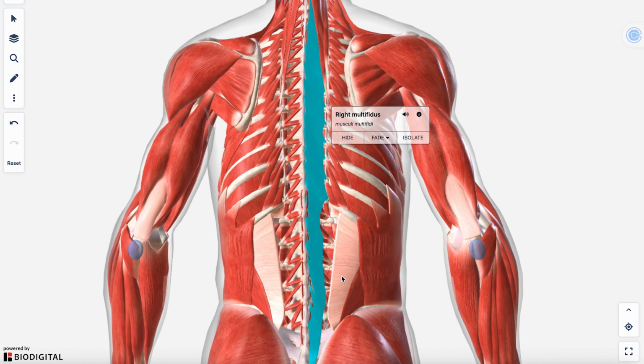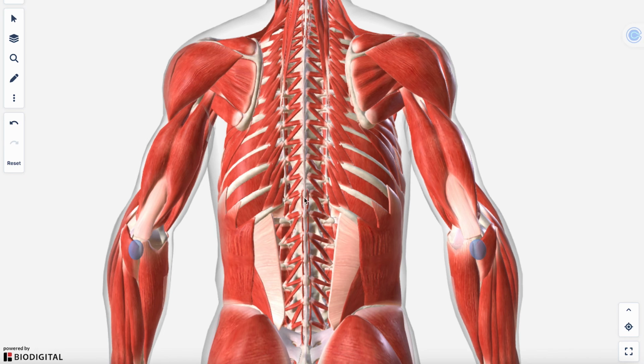It's so beefy that the mammillary processes of your lumbar vertebrae are actually developed because of the force that the multifidus is pulling on the vertebral body where it attaches. So you have these mammillary processes that form.